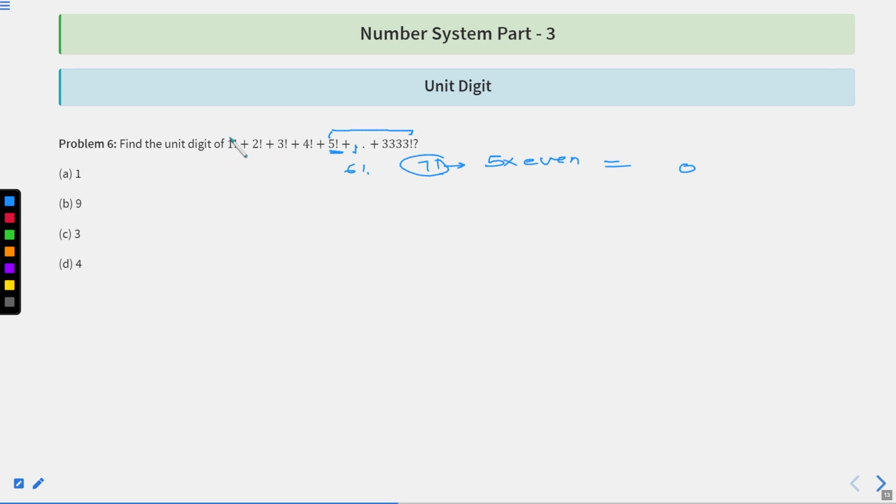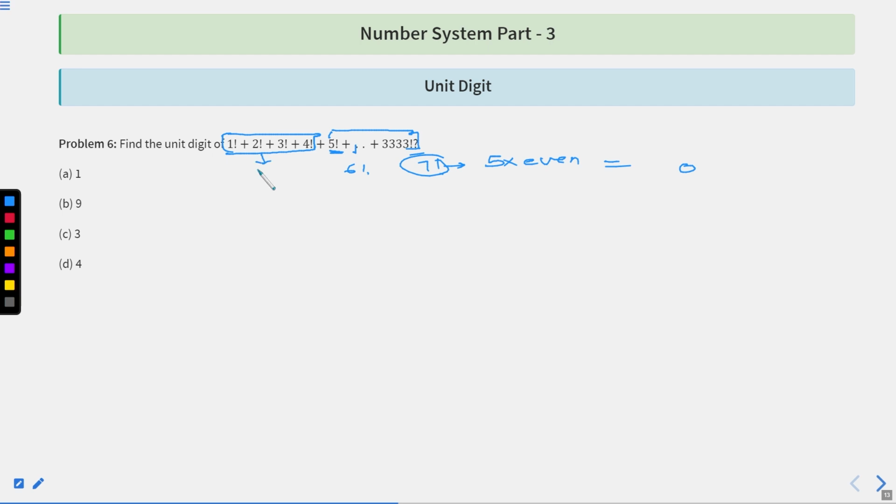So whatever the value we get for this sum, the numbers after 4 factorial, the sum of 5 factorial plus 6 factorial and so on, is not going to contribute anything to the unit digit because it is 0. That means the unit digit completely relies on this number.